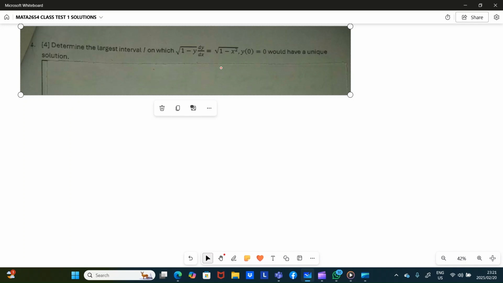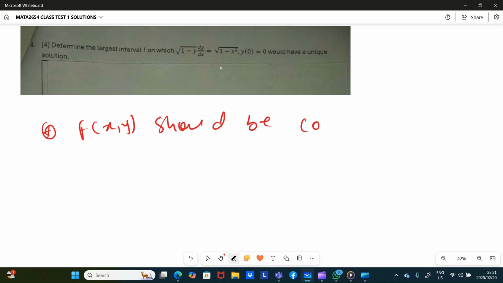So when will it have a unique solution? When they are talking of a unique solution, before you do anything, you have to remember that f of x, y should be continuous within your region R.